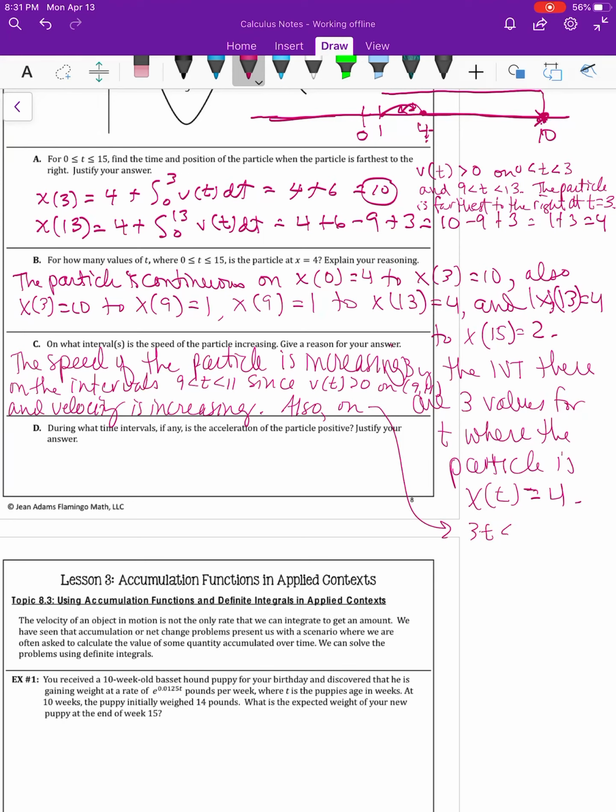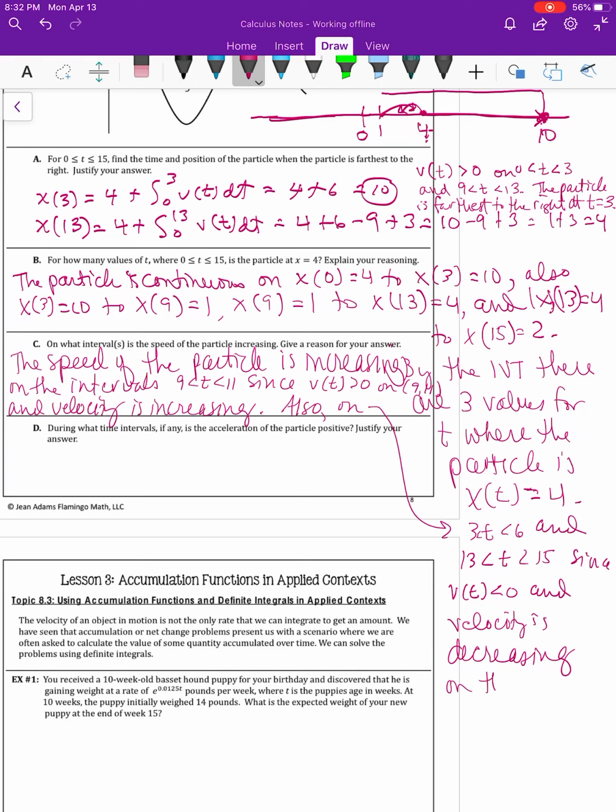Oh, because the acceleration is positive. Also, the interval from 3 to 6 and 13 to 15, since v of t is less than 0 and velocity is decreasing on these intervals.